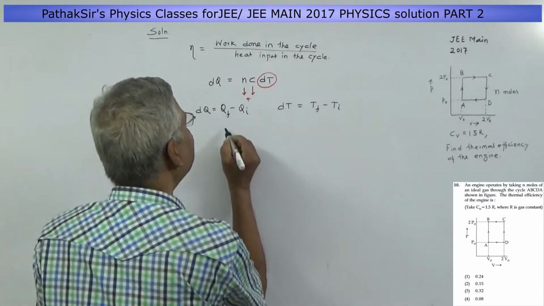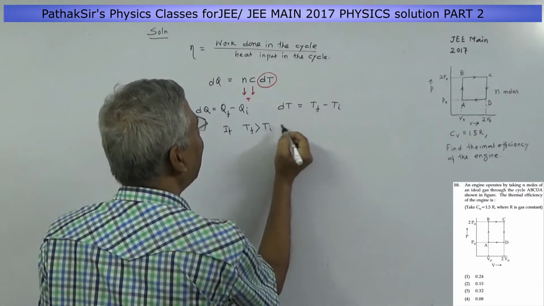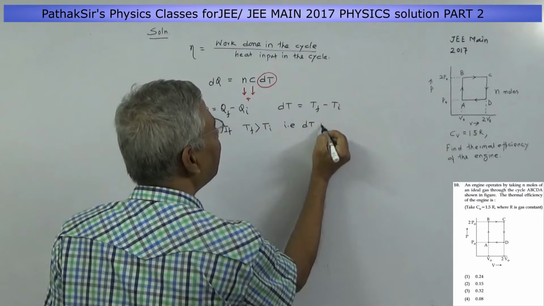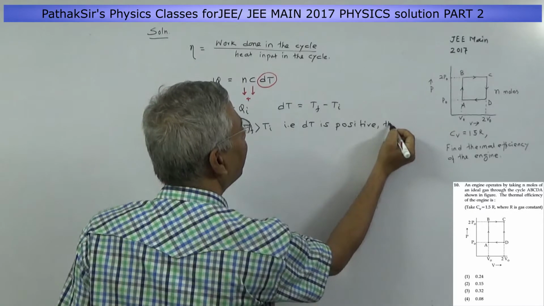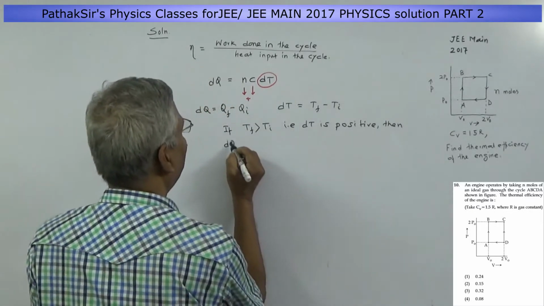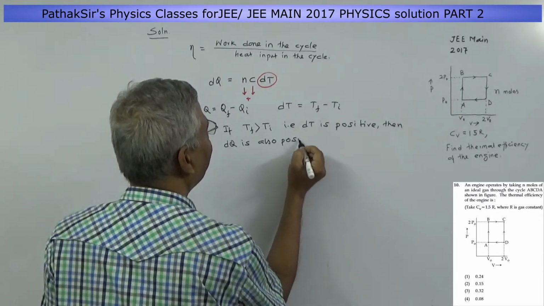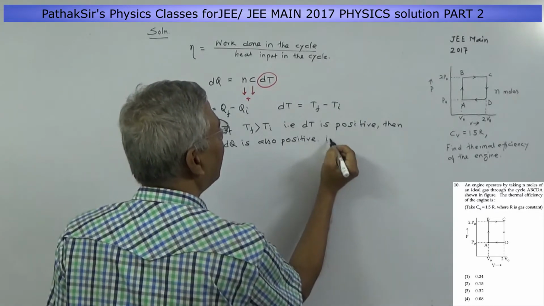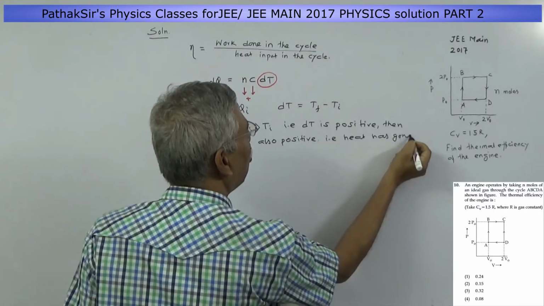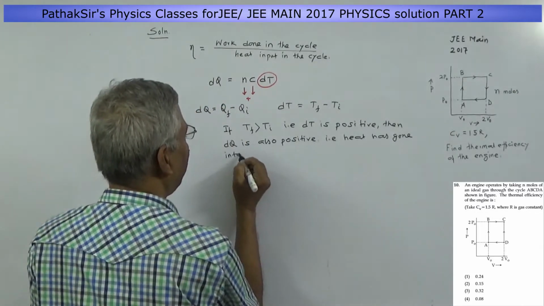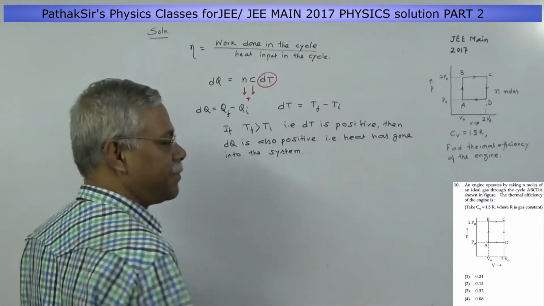Okay, so the conclusion is, if Tf is greater than Ti, that is dT is positive, then dQ is also positive, that is heat has gone into the system.